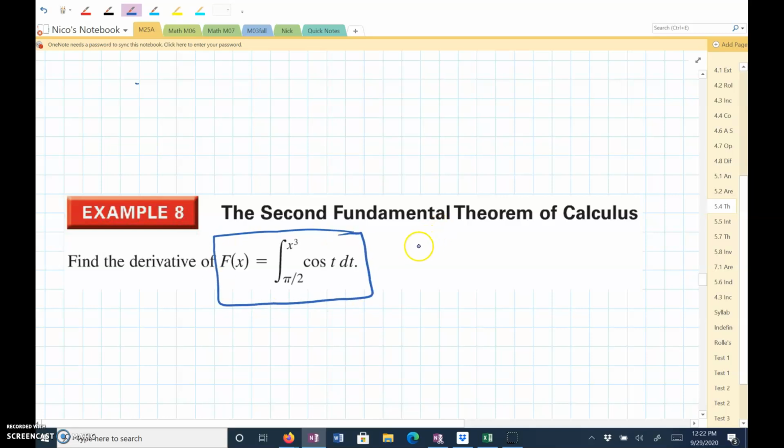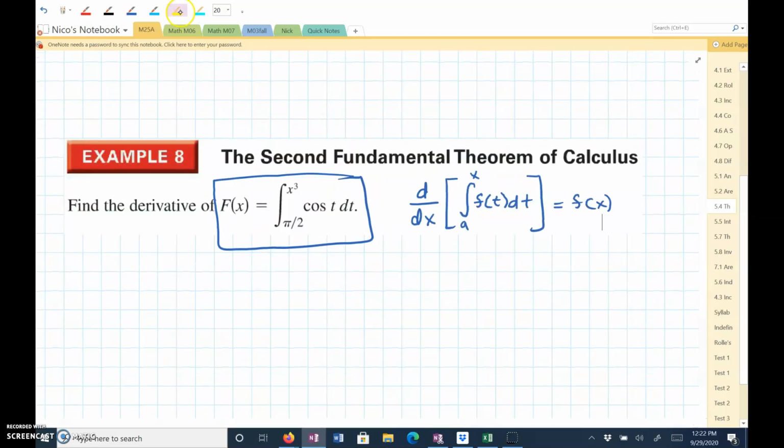Again, the second fundamental theorem of calculus states that if you have the derivative with respect to x of some integral, with the lower limit being a constant and the upper limit being x, of f of t dt, then that is equal to f of x.